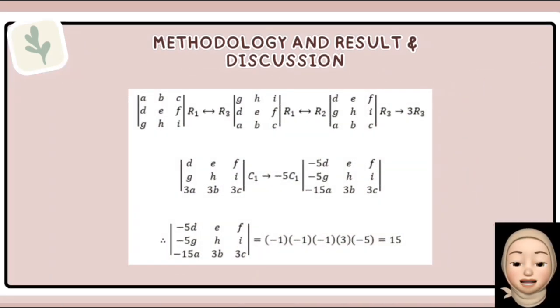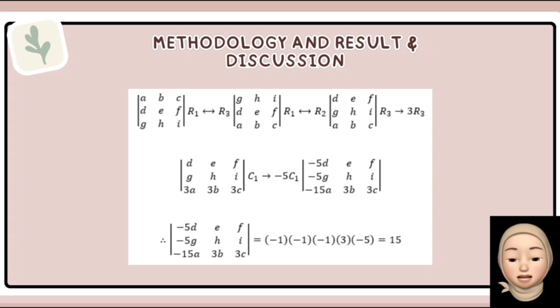We continue with hence find the value of this. So, first row, you interchange with row 3. Then, row 1 interchange with row 2. After that, row 3, you have to multiply by 3, so you get 3a, 3b, 3c. Next, the first column you multiply by negative 5, so we get negative 5d, negative 5g, negative 15a.